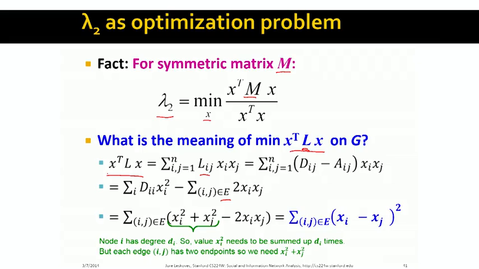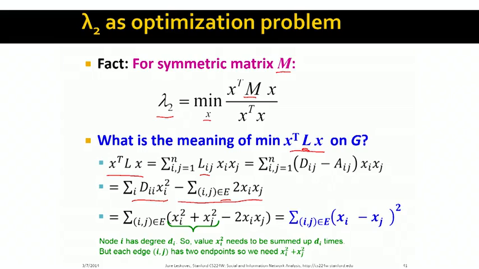Actually, we can take this product and do one simple thing. What we notice is that for the sum over the degrees, dii times xi squared, the way to think about this is that for every node we take its squared value and sum it up d times. What this means is that we can take the squared value and sum it up once for every edge.